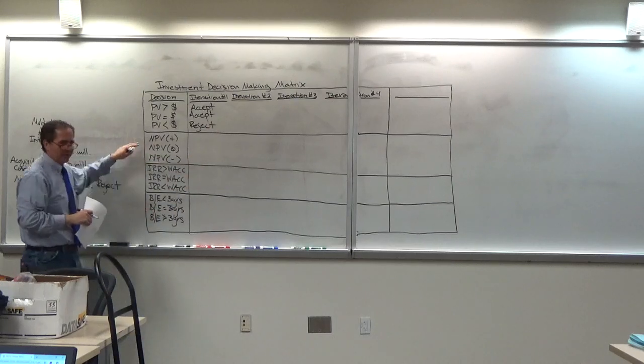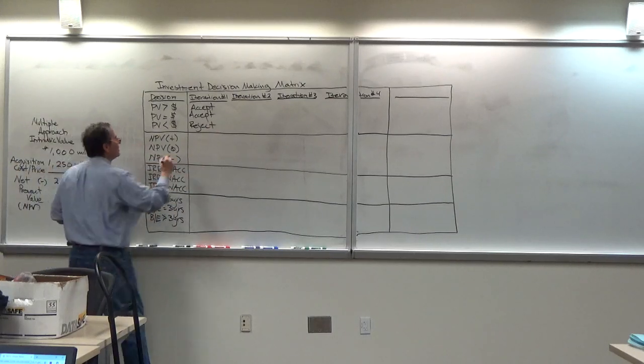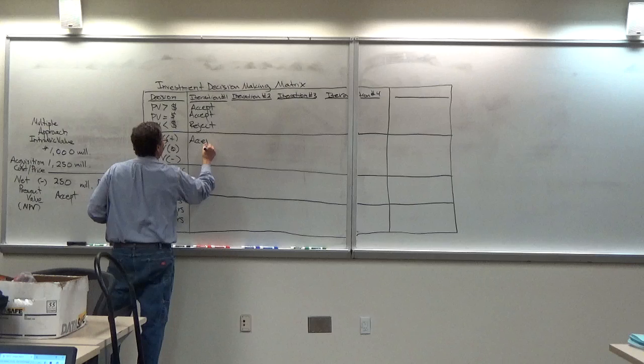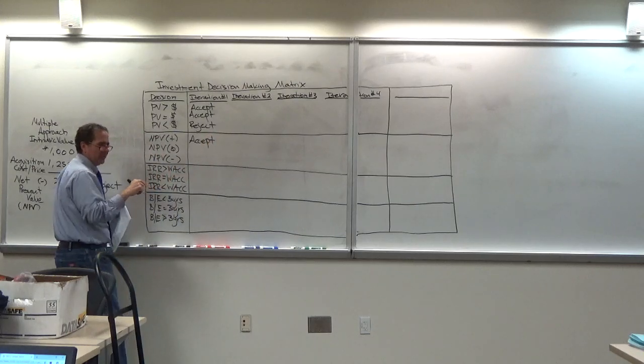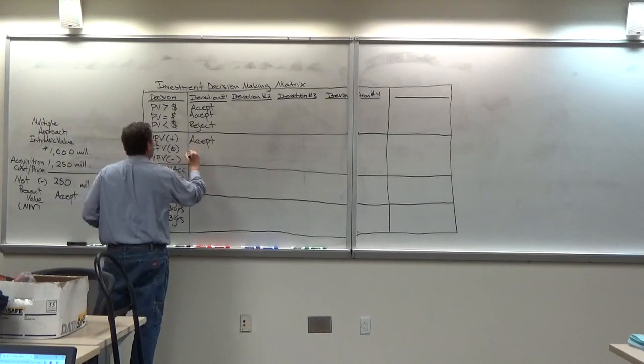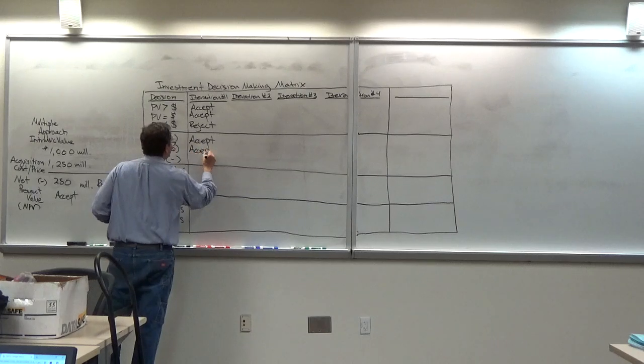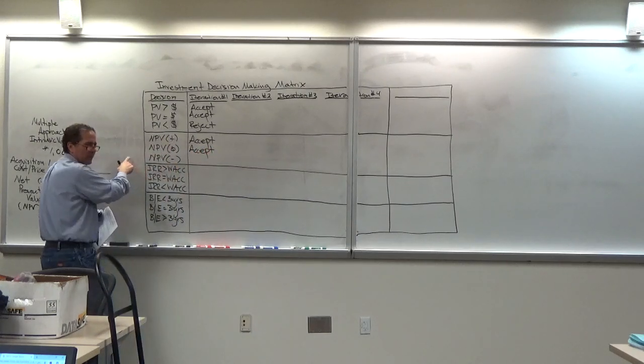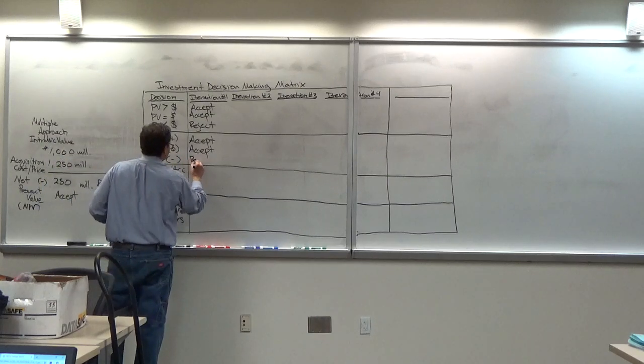When the net present value is positive, do you accept or reject? Accept. When the net present value is 0, do you accept or reject? Accept. Now everybody's singing. When the net present value is negative, do you accept or reject? Reject.